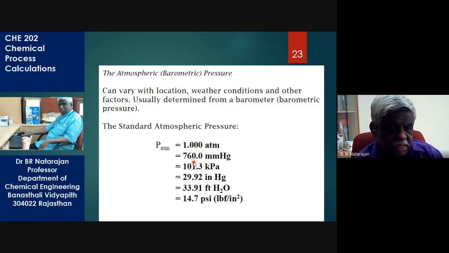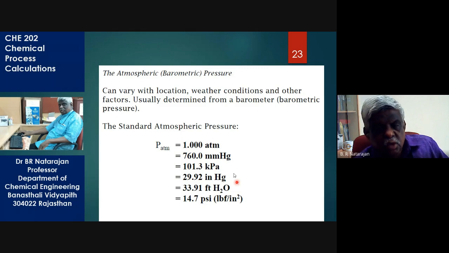It is the same as 760 millimeter mercury, 101.3 kilopascal, 29.92 inch mercury, since 760 millimeter has been converted into inch, or 33.91 feet water, or 14.7 psi, which is pound force per square inch.